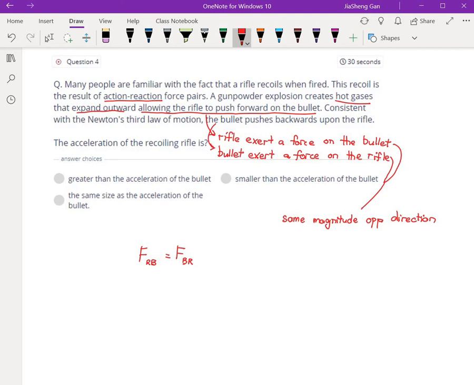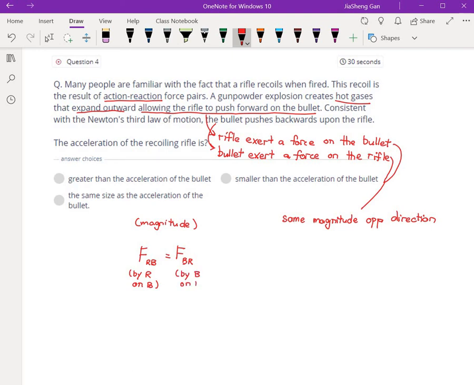We are talking about magnitude here. We have the same magnitude, so F_RB will be equal to F_BR. Since this is by rifle on bullet, this is by bullet on rifle.